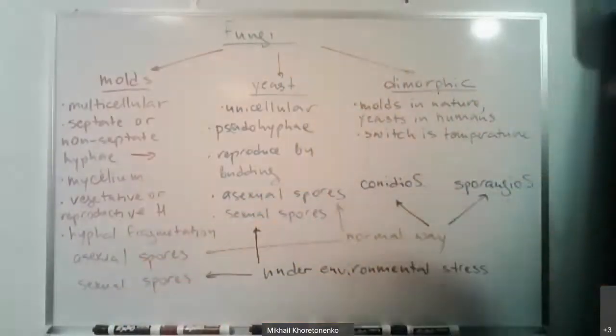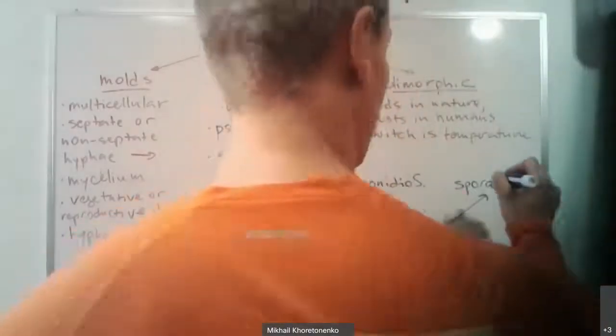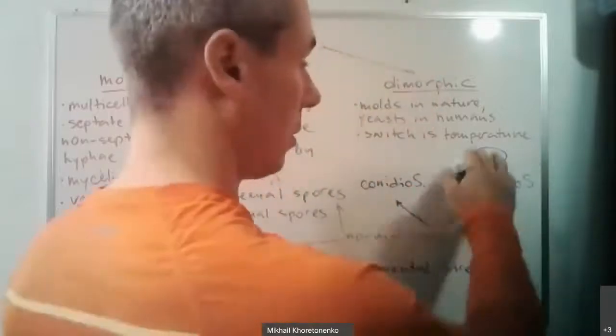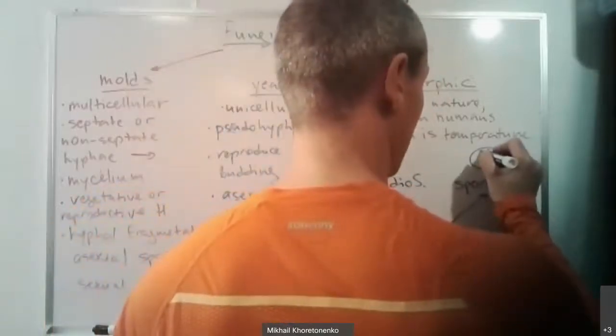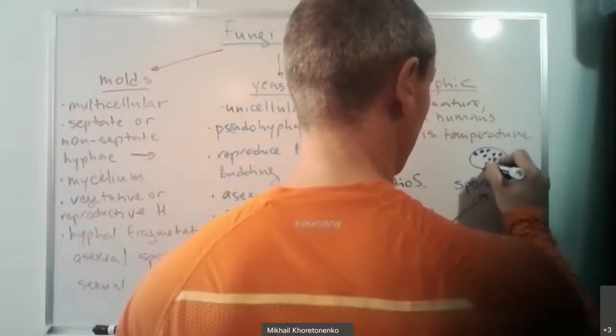So what is the difference between conidiospores and sporangiospores? The difference is structural. For sporangiospores, you can look at it this way. You have a sac called sporangium, and inside of this sac you have a whole bunch of spores.